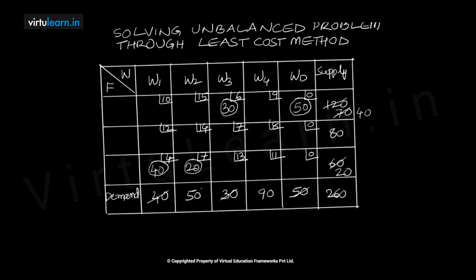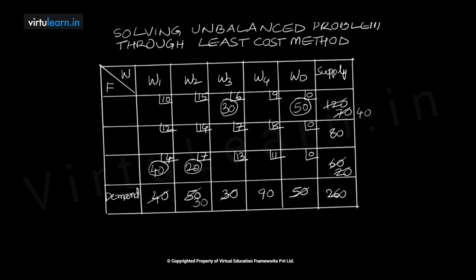Out of 50, 20 are allocated and 30 are still to be fulfilled. Now from F3 we cannot make any allocation, so we should not consider this. The W1 column we should not consider. W3 also we cannot consider because that is also satisfied. WD is also satisfied.